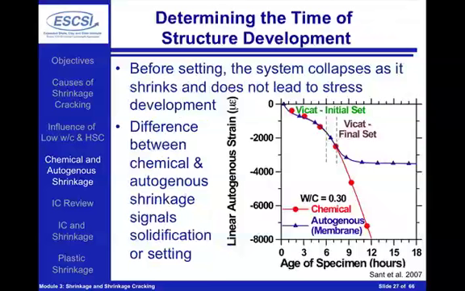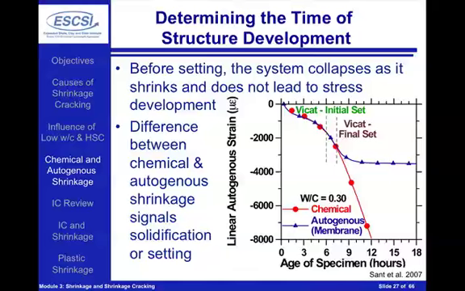So if we really want to get back into this whole idea of chemical shrinkage and autogenous shrinkage and what's happening in the overall system, we need to remember that we're looking at a system that is somehow transitioning from a fluid, becoming a solid, and it's really when this solid starts to form that we start to see differences in the overall system.